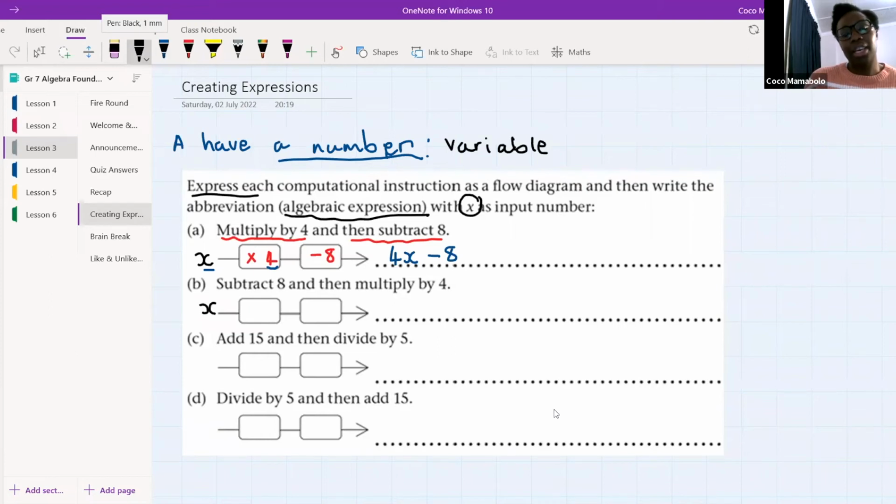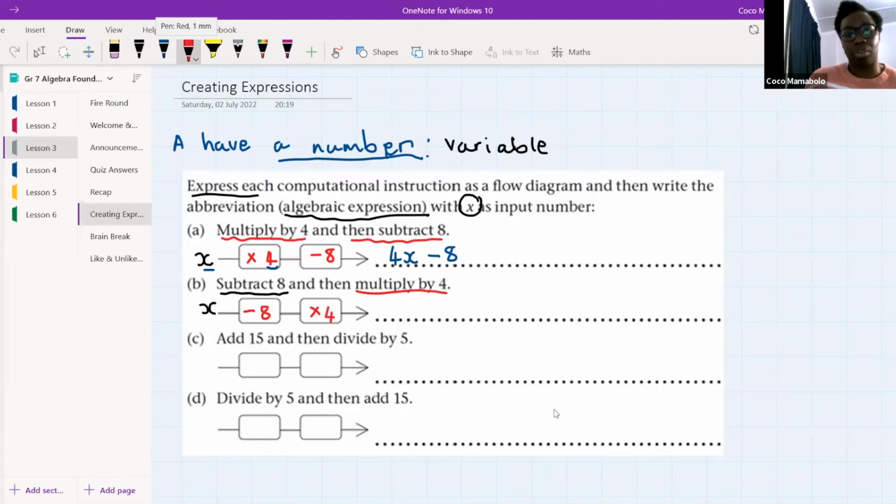And then my instruction says subtract 8. So what am I going to write in this block over here? Exactly, minus 8. And then what's going to happen? Then multiply by 4. Excellent.